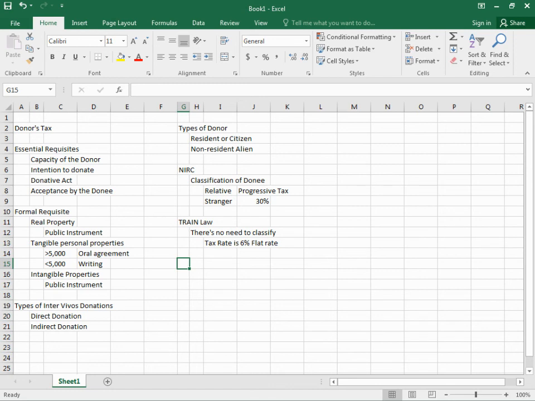Kapag exempt siya under reciprocity condition, then it will also be exempt. Okay, so properties under reciprocity should be intangible property. Okay? Ayan.